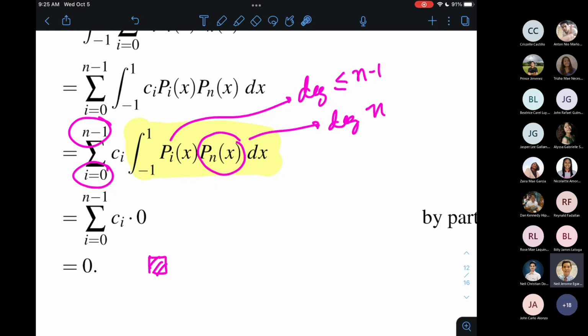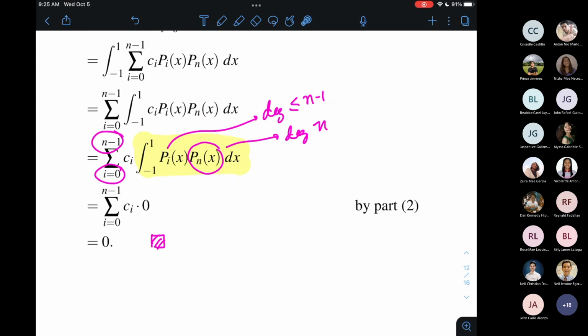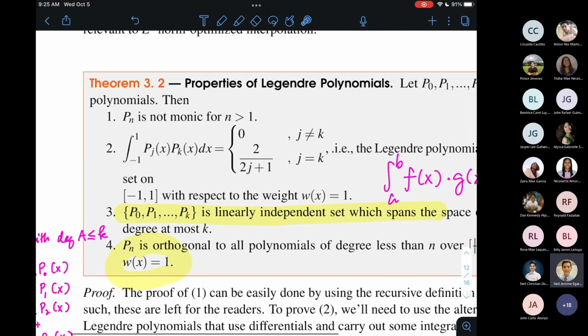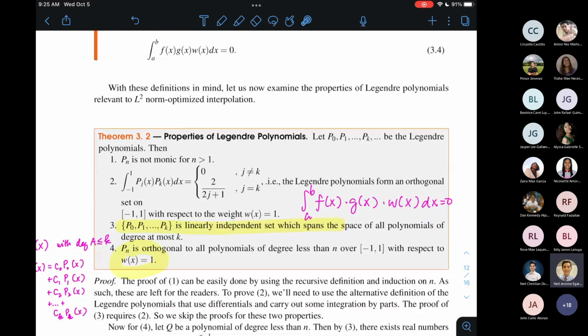Oh yes, Nicolette, what's your question about part 2? Yung sa ano po sir, yung Legendre polynomials form an orthogonal set. Yung tinutukoy lang po ba sir is kapag j is equal to k? Ang ibig sabihin, ang tinutukoy nito ay yung orthogonal set.